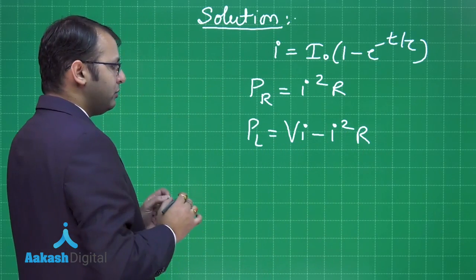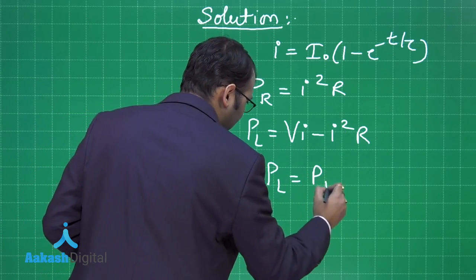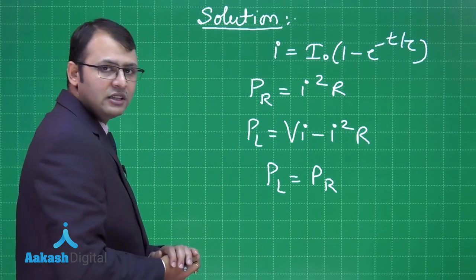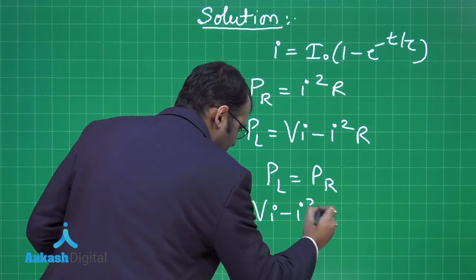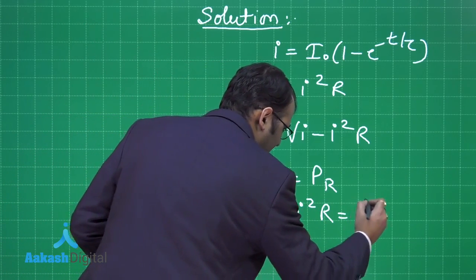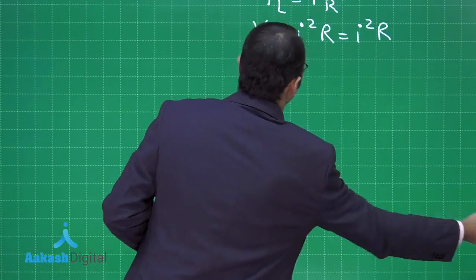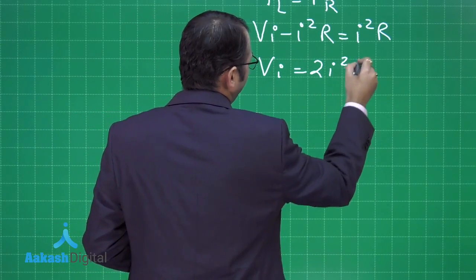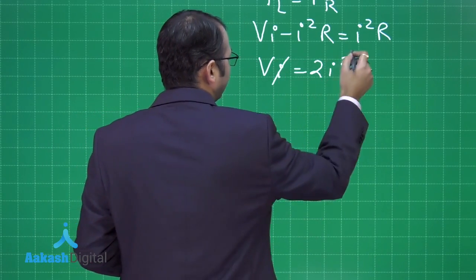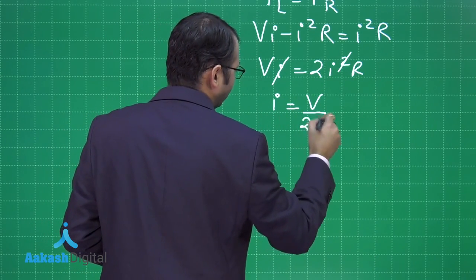Right? Now from here it is pretty evident that the power absorbed by the inductor would be equal to the power lost by the resistor. So from here I will write VI minus I square R would be equal to I square R, right? So if you solve, you will get VI equal to twice I square R. From here I and I will cancel and you will get I as V by 2R.